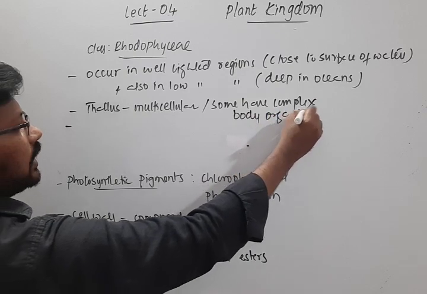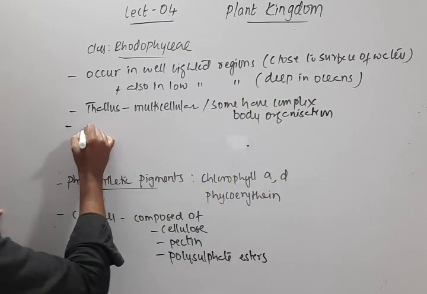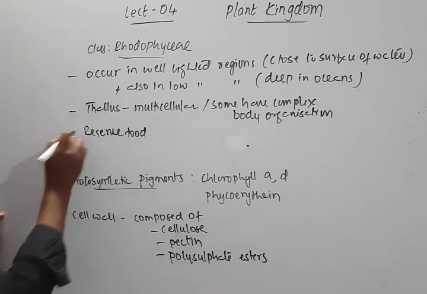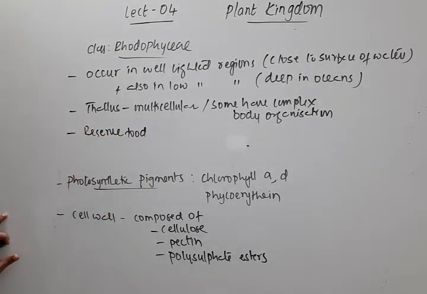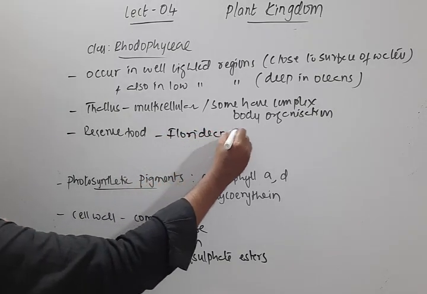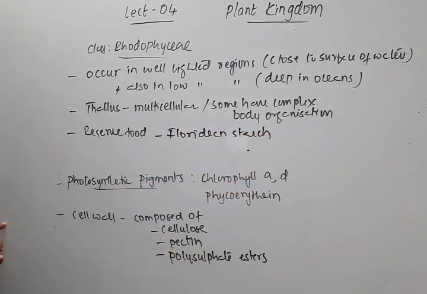Coming to reserve food, the reserve food material in these plants is Floridian starch, and this is similar to amylopectin and glycogen in its structure.